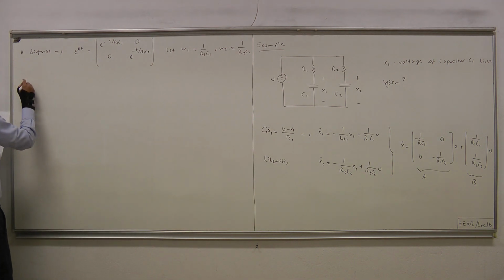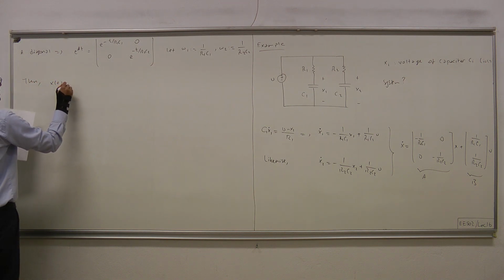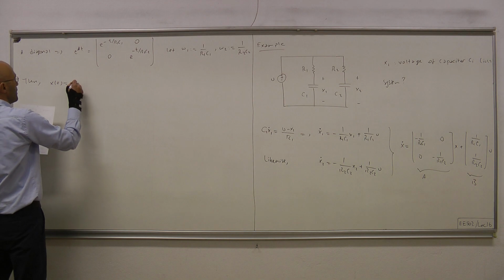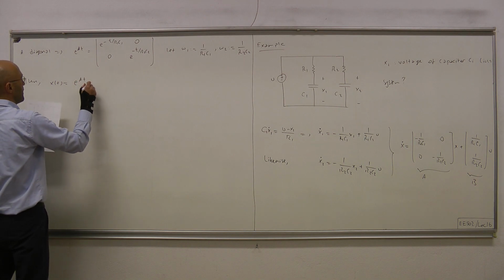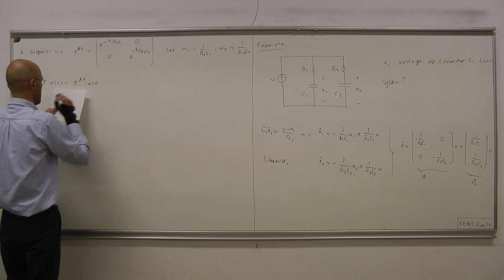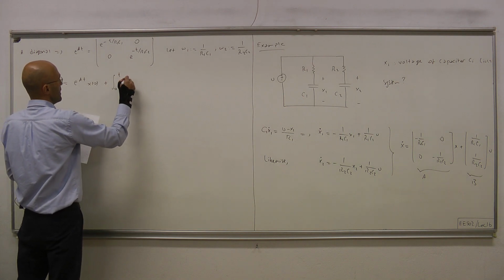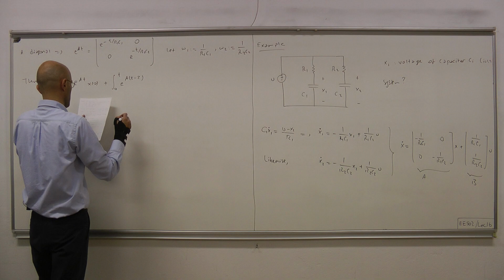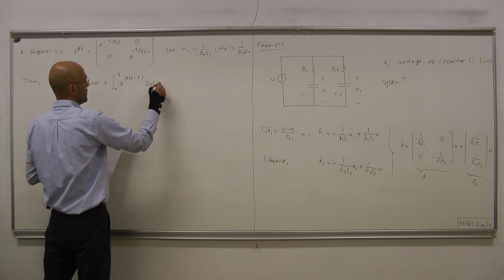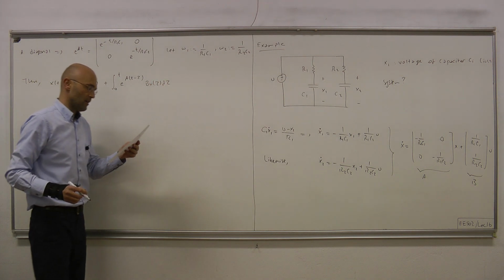Then we can write x of t equals e to the At x0 plus the integral from 0 to t of e to the A(t minus tau) B u(tau) d tau in the following form.